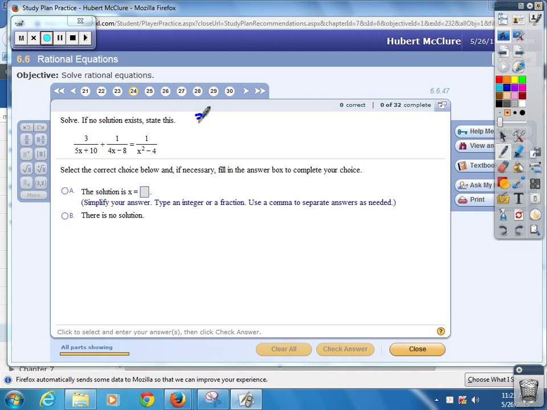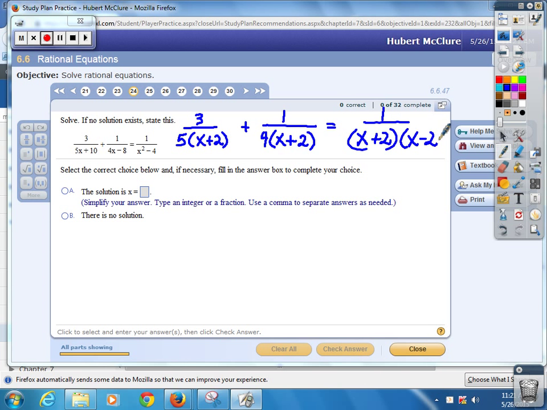So that's 3 over 5 times x plus 2, plus 1 over 4 times x minus 2, equals 1 over x plus 2 times x minus 2.